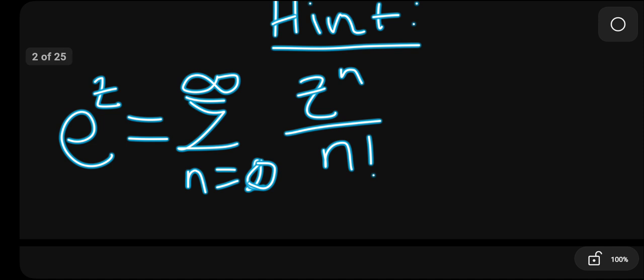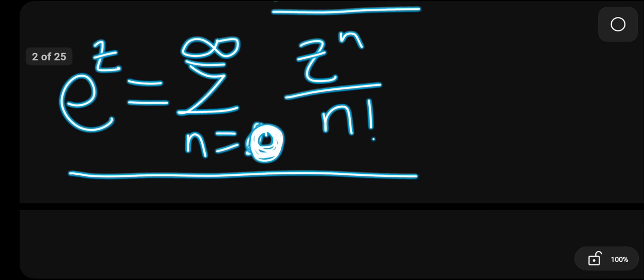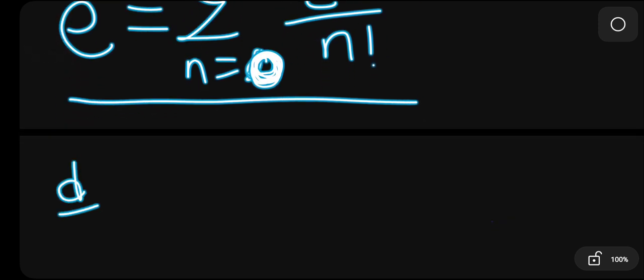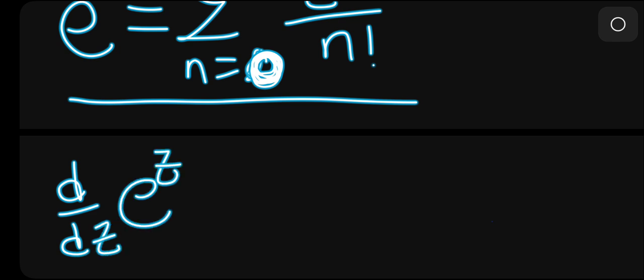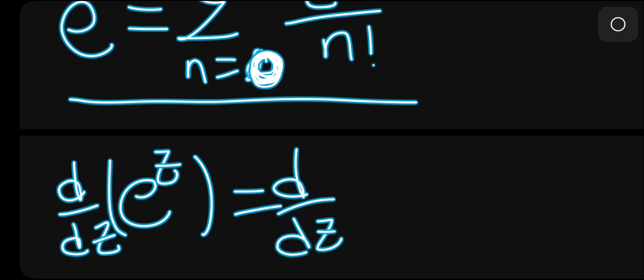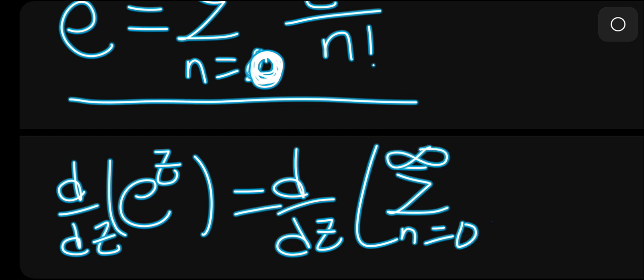So now we can actually differentiate this equation. First of all, d/dz of e power z is actually equal to d/dz of the sum from n equals 0 all the way to infinite z power n on n factorial.